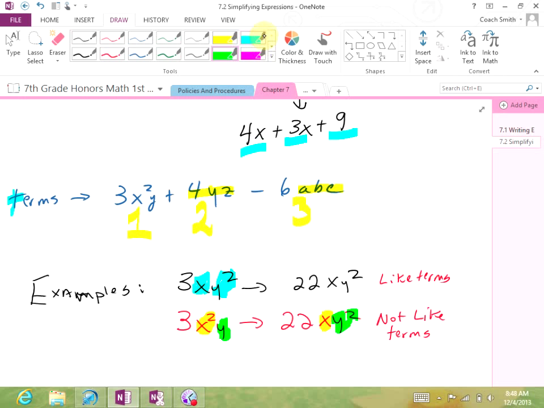I wanted to change the number to show you that this and that do not have to be the same for it to be a like term. It could be any number. I could have put 1,000 xy squared. This is a like term. Do both of them have the same variable?